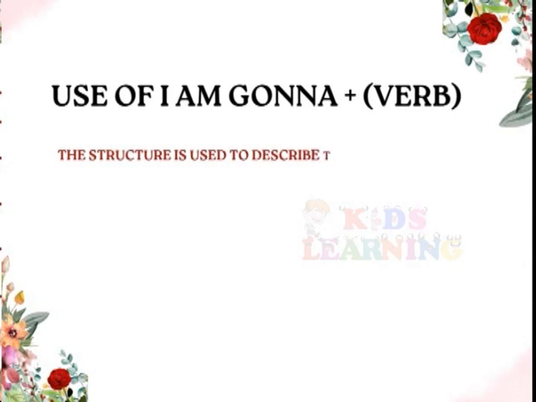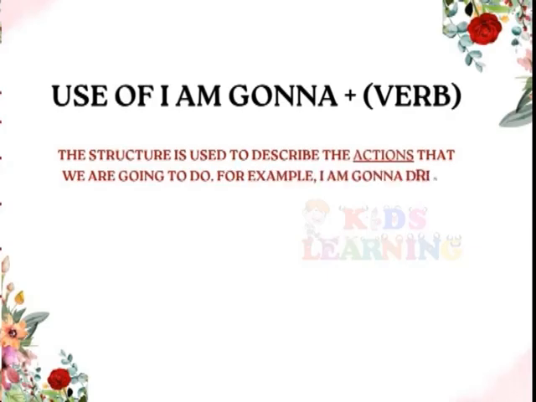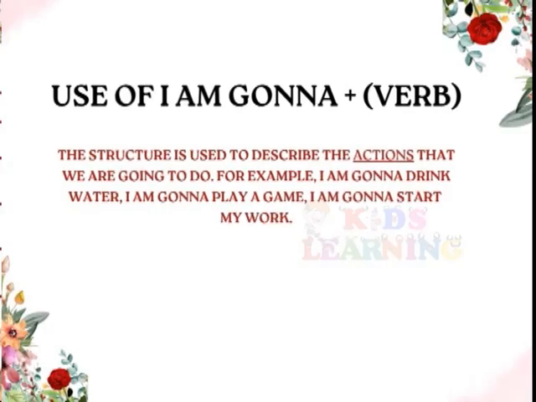Use of I am gonna, verb. The structure is used to describe the actions that we are going to do. For example, I am gonna drink water. I am gonna play a game. I am gonna start my work.